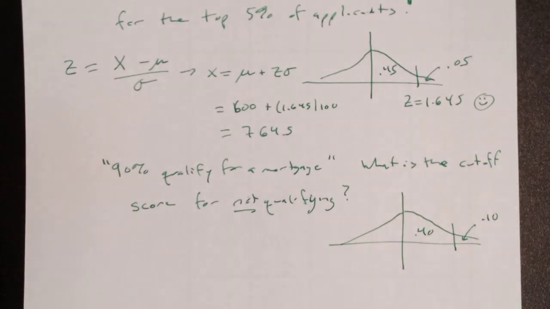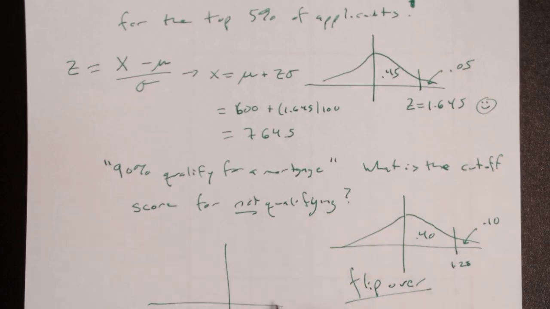And then I see a Z-score of positive 1.28, but because it's symmetric, I look for the Z-score of negative 1.28. Then I use the same formula as the exercise. Exactly.